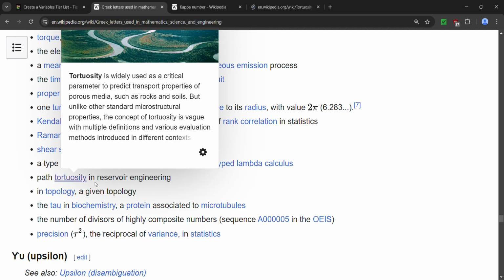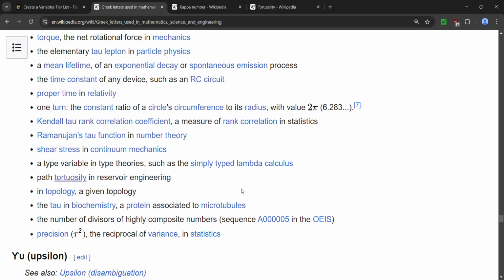You know what? I'll look at that after I look at the kappa number, right? Tortuosity, that's a good one. Okay. A protein associated to microtubules. Cool. And precision, the reciprocal of variance. I don't know why you wouldn't just do 1 over sigma squared instead of having to make up a whole new variable. But good for them.